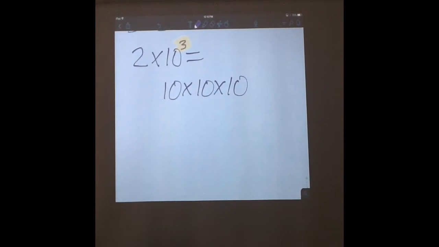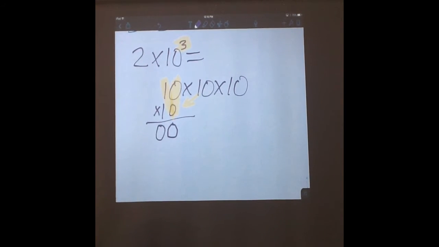Now I'm going to move this 10 over here, and we'll multiply it. And remember, I'm trying to make it easy on you guys. So here's what we could do. We could say 0 times 0 is 0. 0 times 1 is 0.